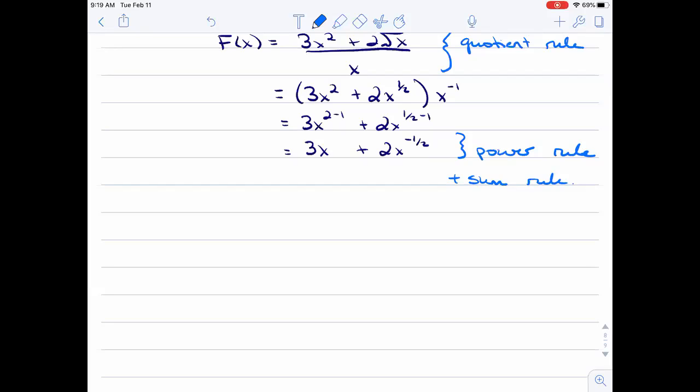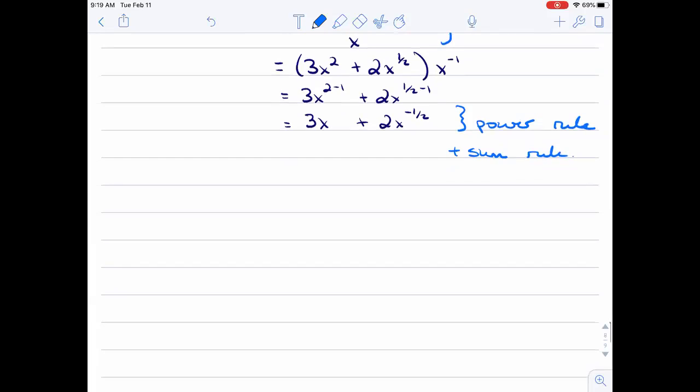So a lot easier to deal with, much easier to differentiate. Woohoo. Any questions about the product rule or the quotient rule?